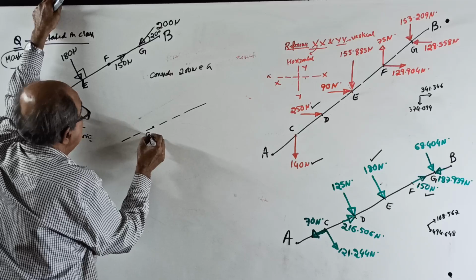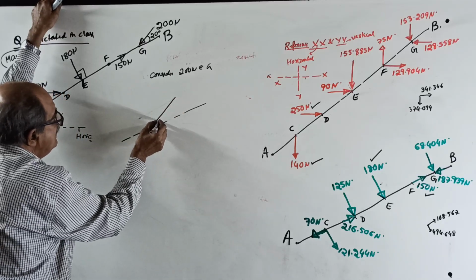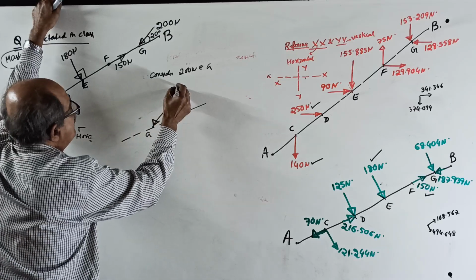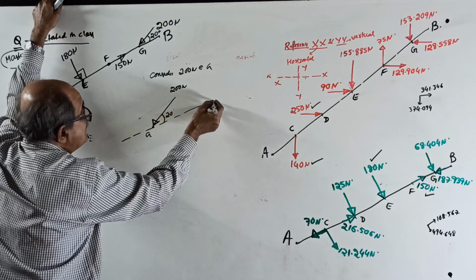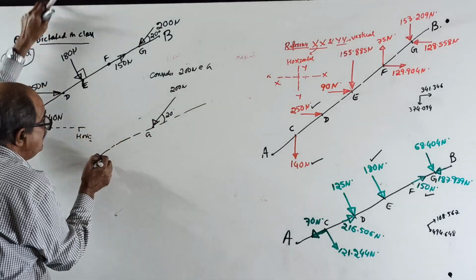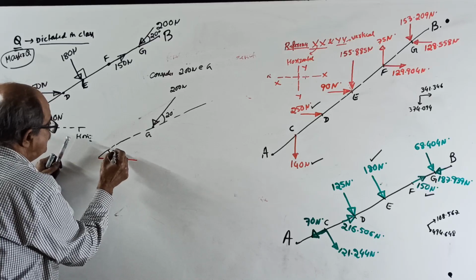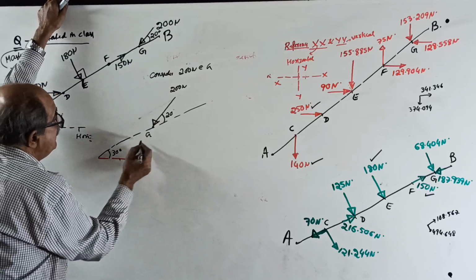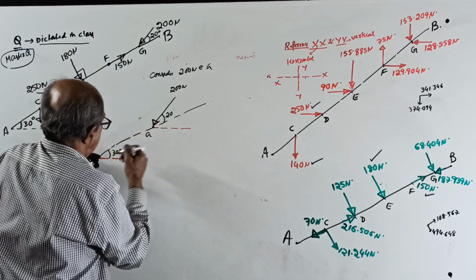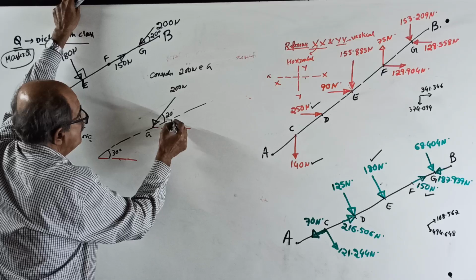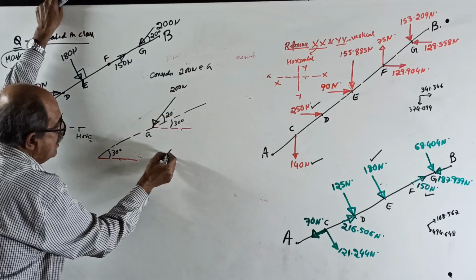At the point G, 200 Newton is making an angle of 20 degrees with this axis, and this line makes 30 degrees with the horizontal. If I draw one horizontal line here, this is also 30 degrees.